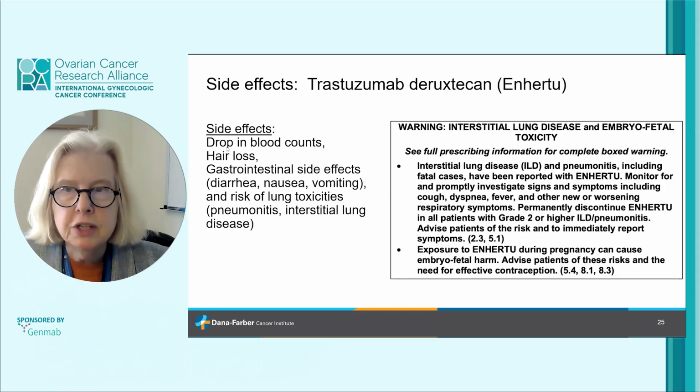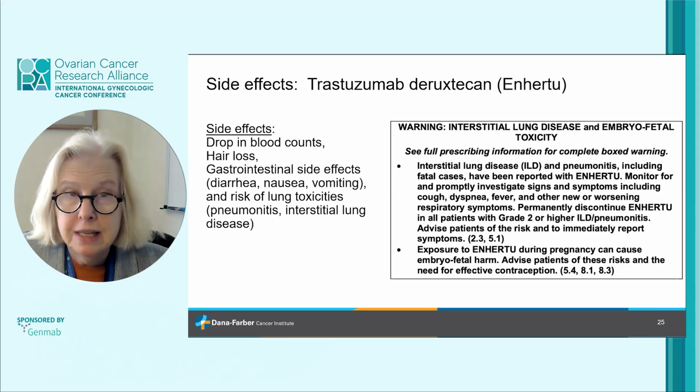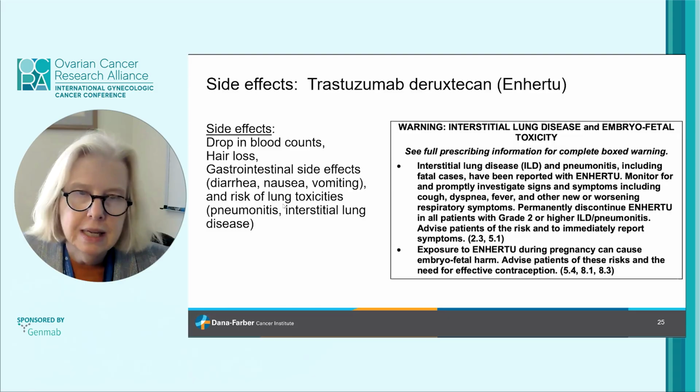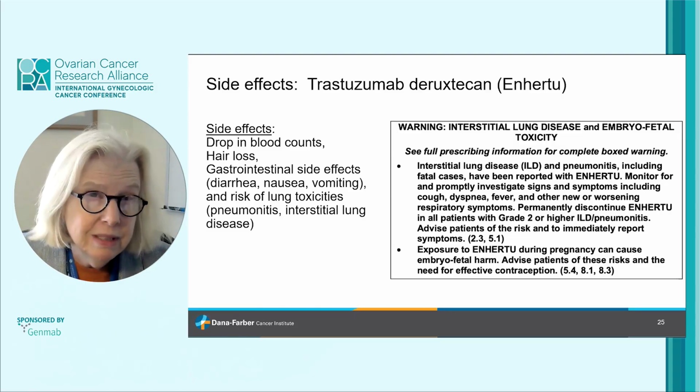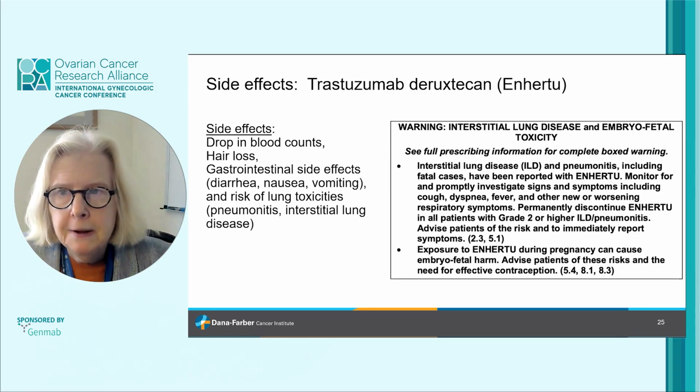You do see myelosuppression or drop in blood counts, some hair loss. And then with trastuzumab deruxtecan, the other name that we call is T-DXd, gastrointestinal side effects, diarrhea, nausea, vomiting, and this risk of lung toxicities, which is about 10% and can be significant.